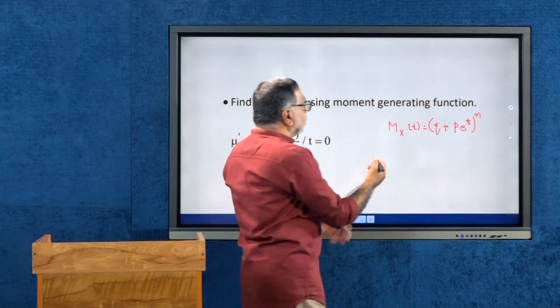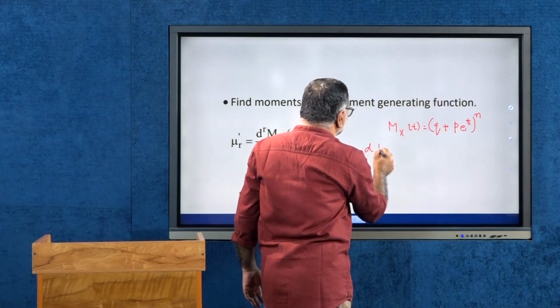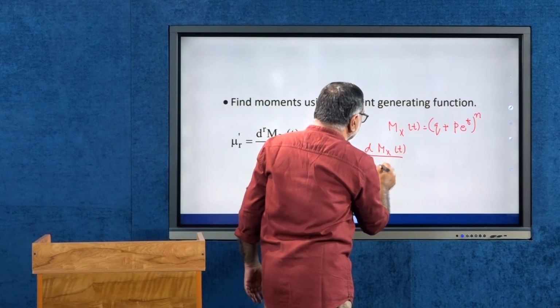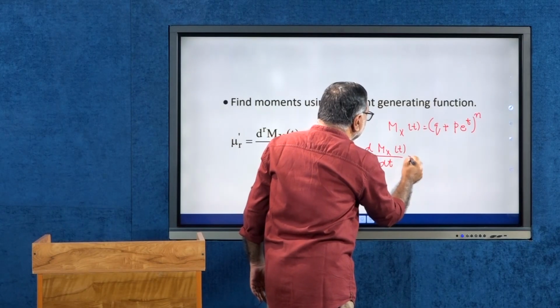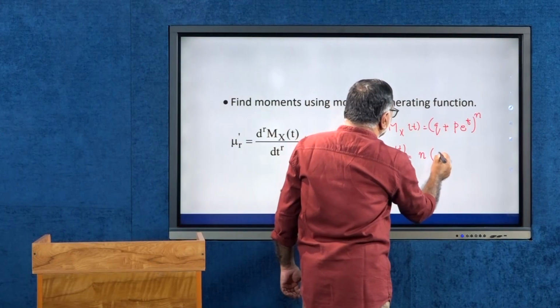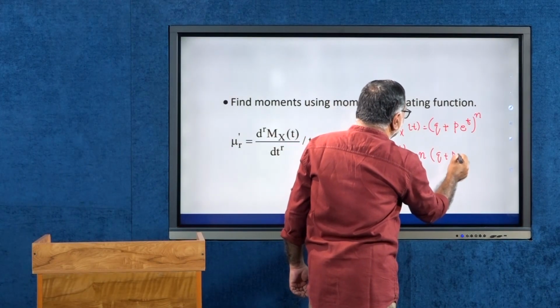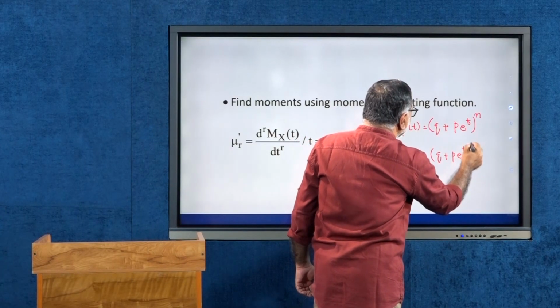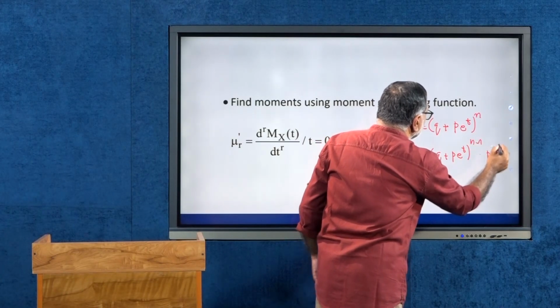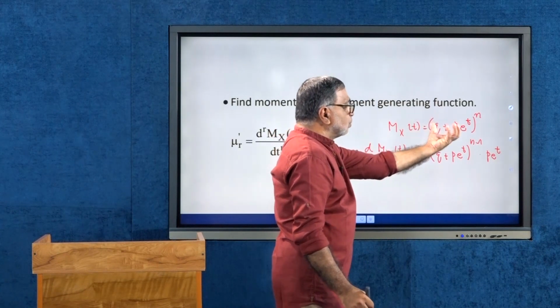Suppose you are differentiating that moment generative function with respect to t, dM_X(t) divided by dt. When we differentiate, the result is n into (q plus p e power t) all power n minus 1 into p e power t, because this is a function of t.